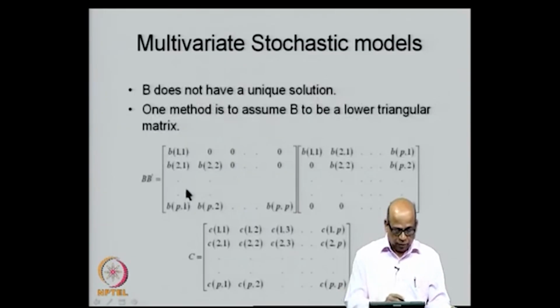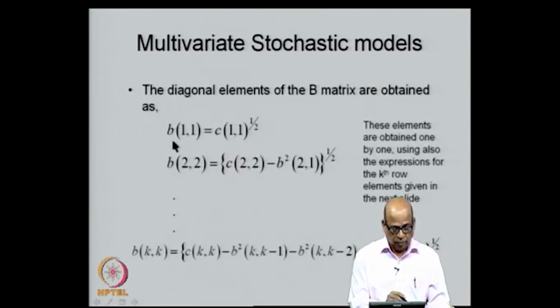Okay. Now, look at this. The first element C11 will be equal to B11 into B11, which is B11 square. So, I will be able to determine B11 as square root of C11. So, we will write this as B11 is equal to C11 to the power half.